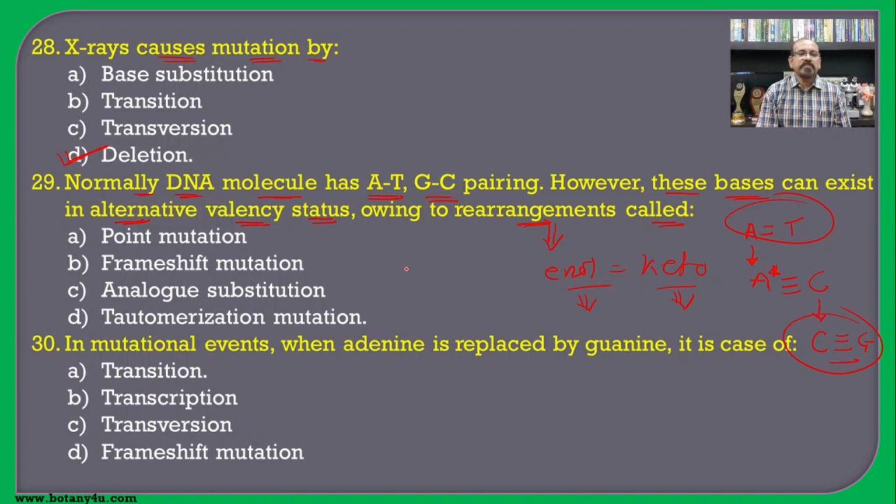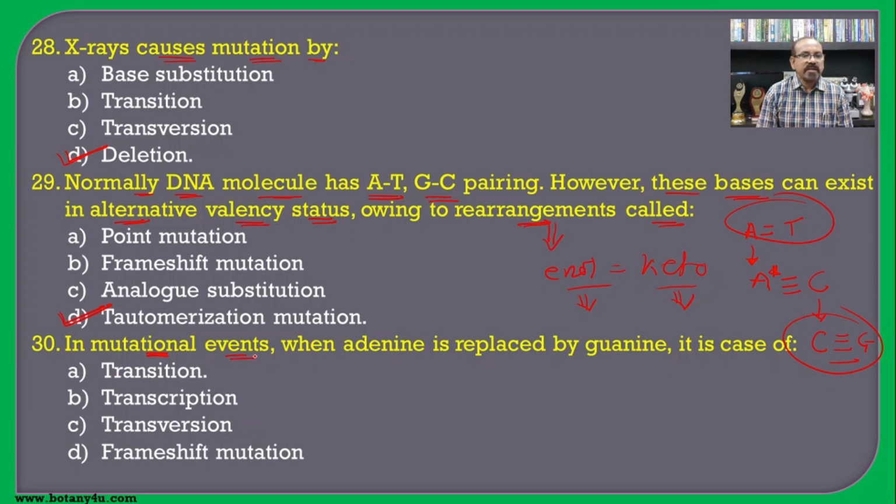Such a type of mutation is known as tautomerization, where the nitrogen bases have the same molecular formula but a different structure or hydrogen bonding with the complementary nitrogen bases.